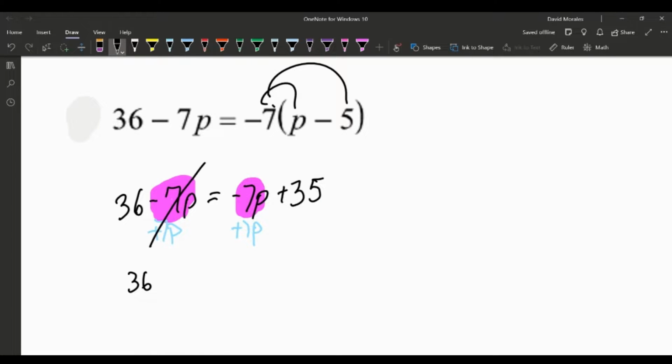All right, so these cancel out. I drop the equal sign. These cancel out, and I get 35. Now, does 35 equal 36? It does not. As a matter of fact, I'm going to put a cross through it because it doesn't equal.